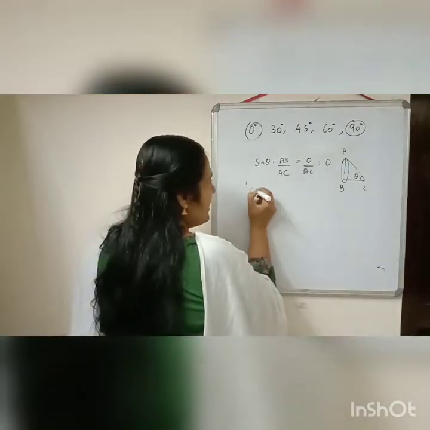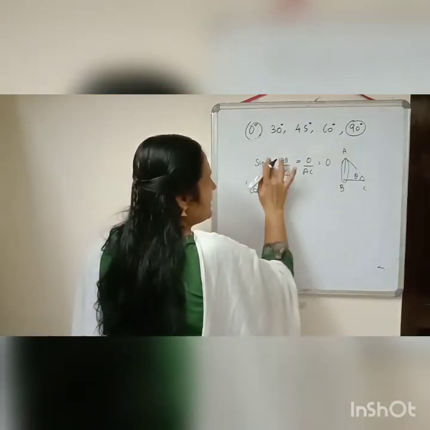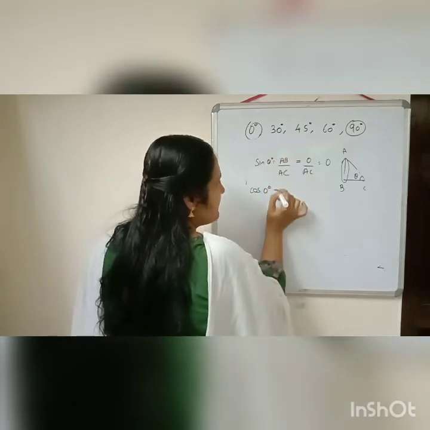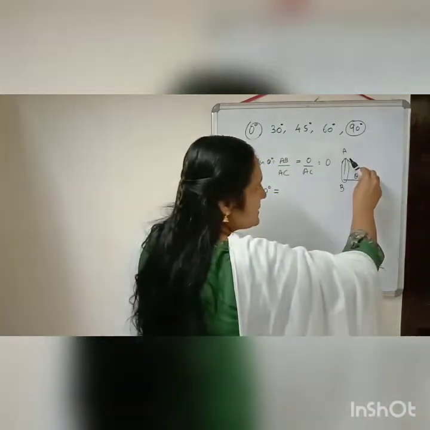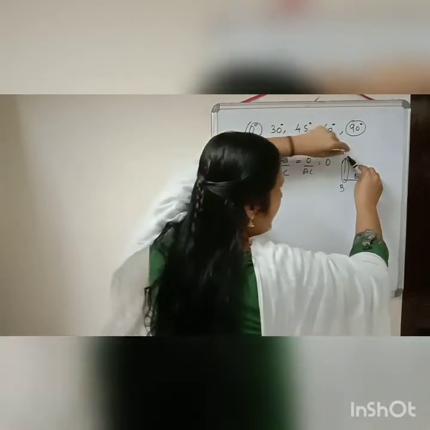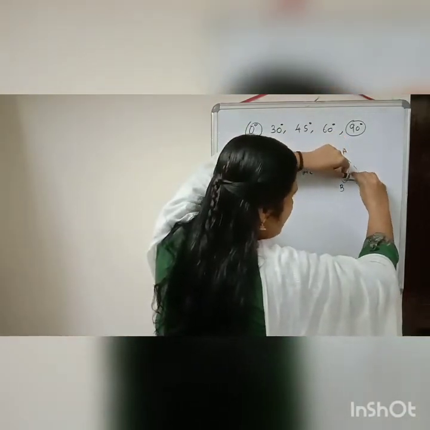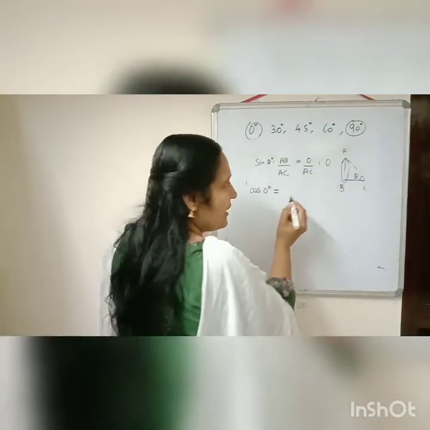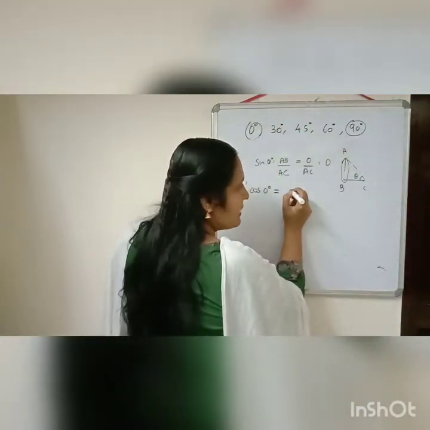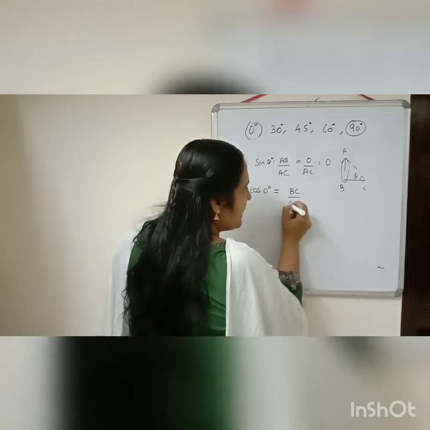In the same way, here you can write sin 0 degree is 0. If we need cos 0 degree, what we said, when this angle is equal to 0 degree, then AC and BC should coincide with each other. According to the formula, cos 0 degree will come BC by AC.